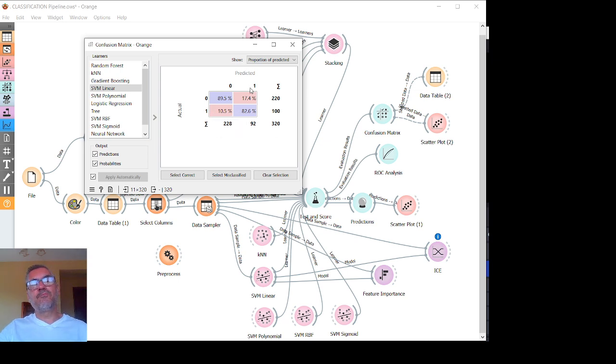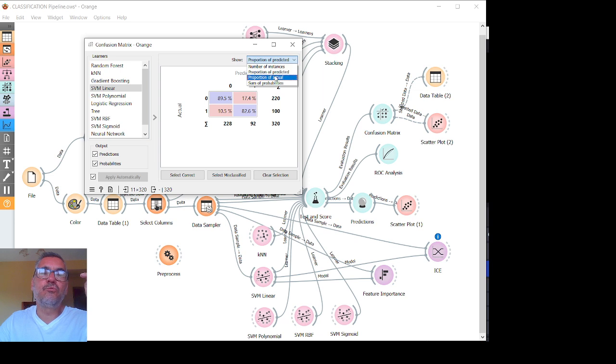And from the 92 people that we predicted as bad customers, this prediction was correct for 82.6% of those customers, but we misclassified 17.4%. We predicted them as ones, while they were actually good customers.